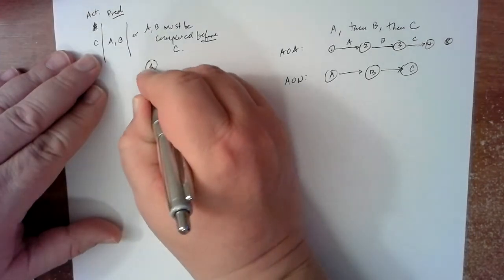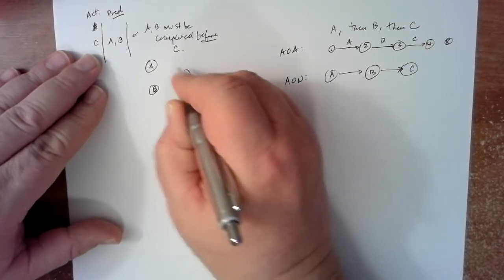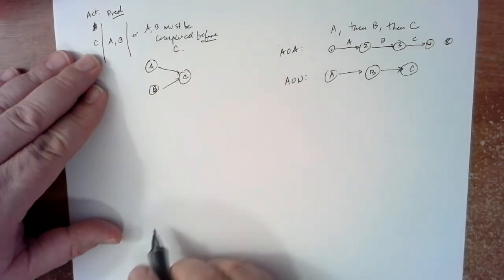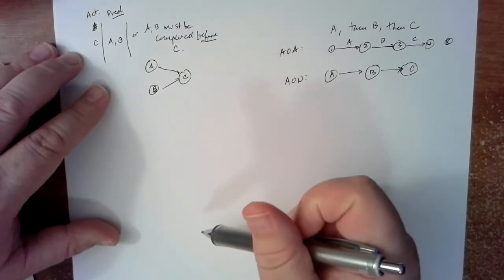We would have activity A, activity B, and then activity C. So activity A and B must be completed before C.